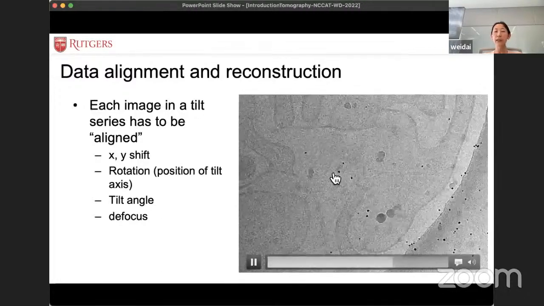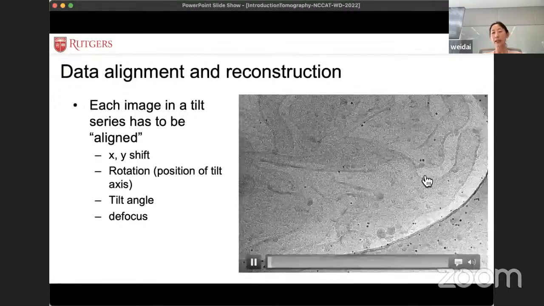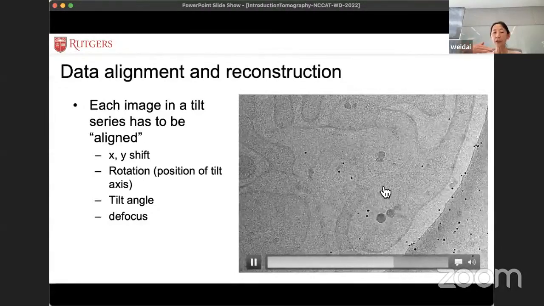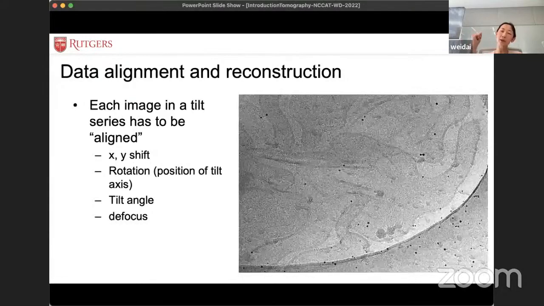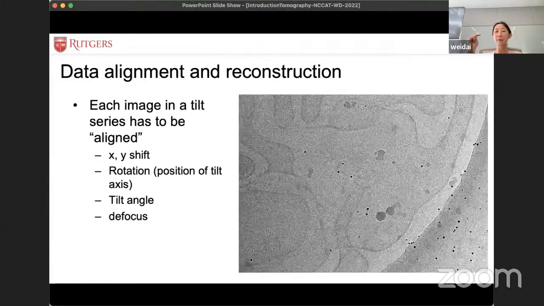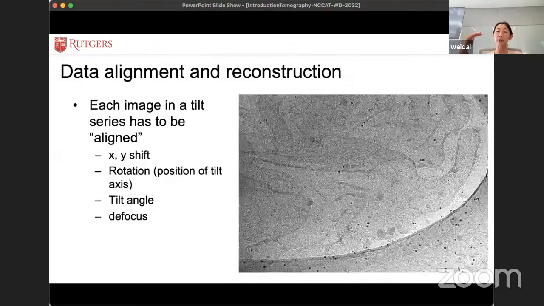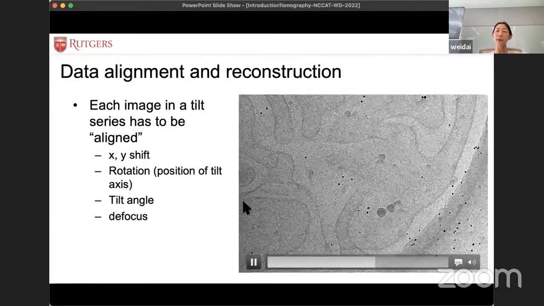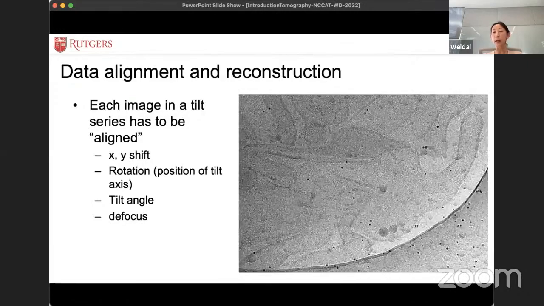And then from this raw data, you can see where the tilting axis is, right? But the rotation of the images in the tilt series usually is not perfect, also because of the mechanical imperfection of the stage and the goniometer. So that is a parameter you might also want to polish.